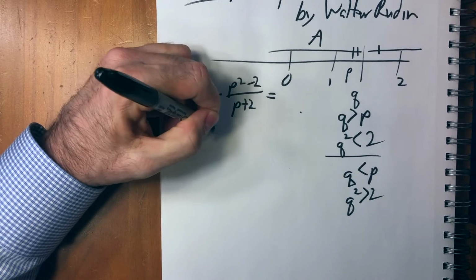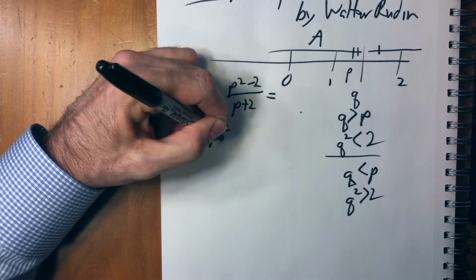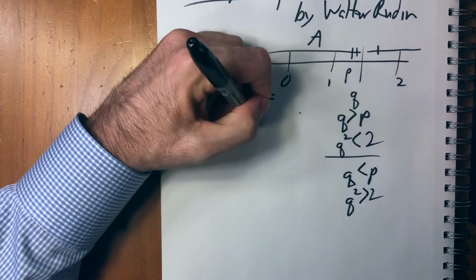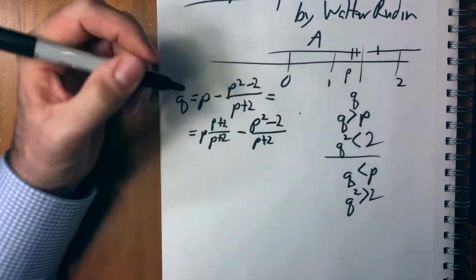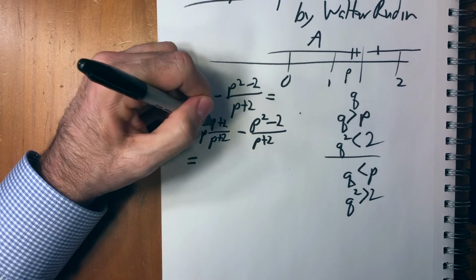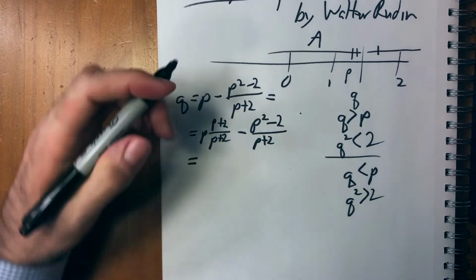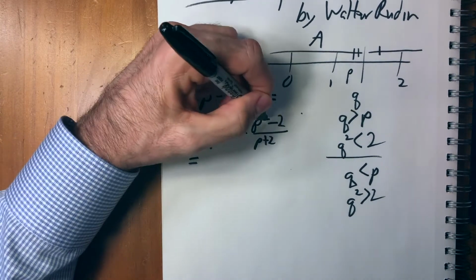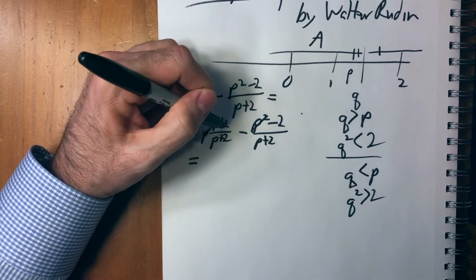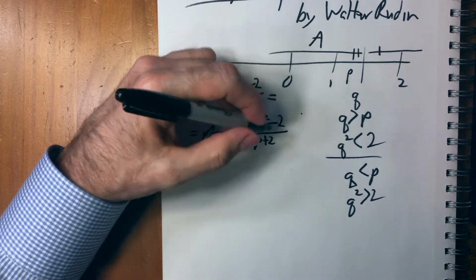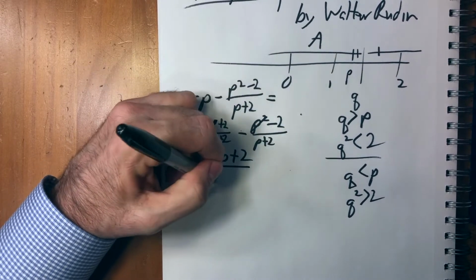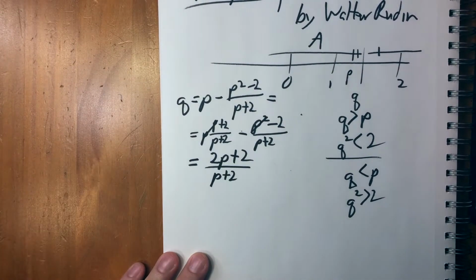So p times (p plus 2) over (p plus 2) minus (p squared minus 2) over (p plus 2). I think I can do this in one step. This is p squared, so these cancel. This is 2p, and then what's left is plus 2 over (p plus 2). Okay?